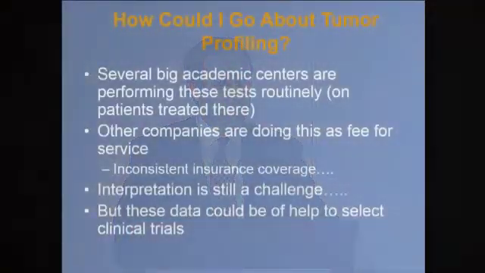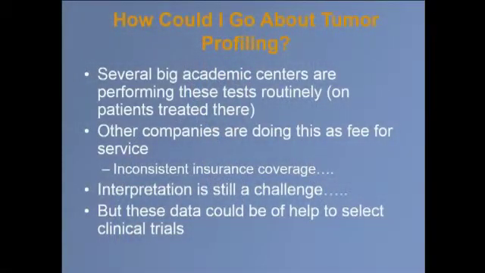So it's reasonable to do, but again, if we knew what to do with the information, we would be doing it for everybody. All patients get HER2 testing because we know what to do with that information, for example. So if people are interested in getting tumors profiled, there are a number of big academic centers who are doing this.